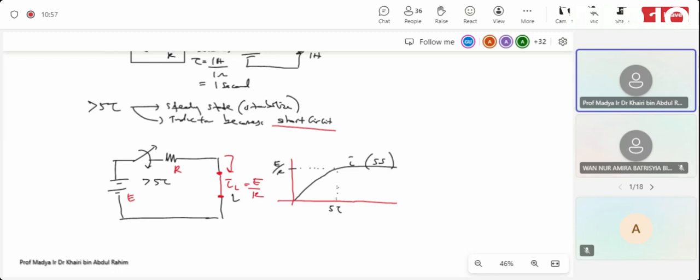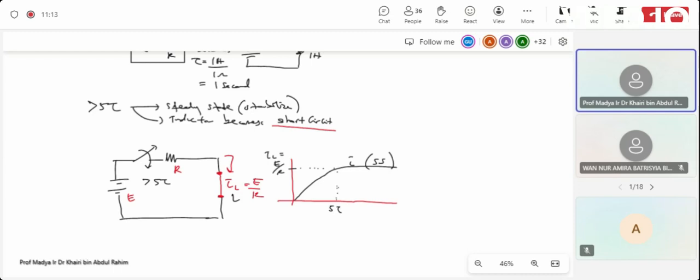Right, so it becomes a short circuit. So as simple as that. So this is IL equals this one.